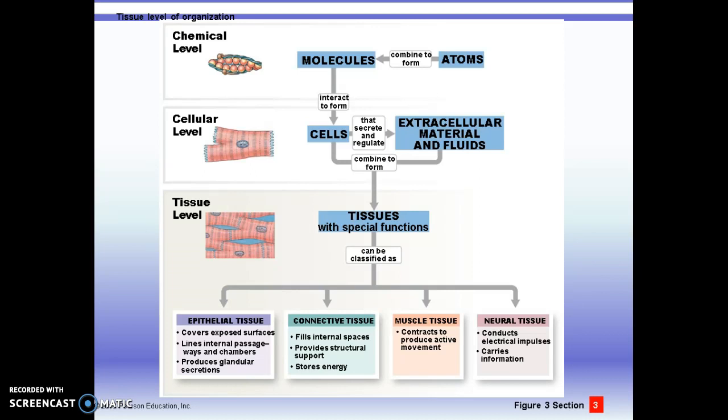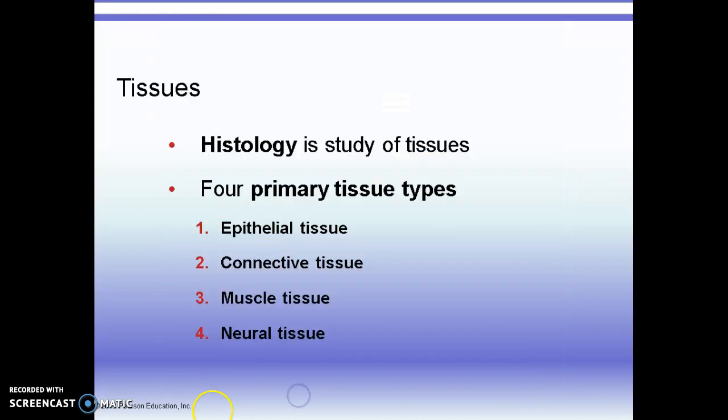Connective tissues fill internal spaces, provide structural support, and store energy. Muscles contract to produce movement, and neural tissue conducts electrical impulses of information. Histology is the study of tissues, and again, there are 4 primary tissue types: epithelial, connective, muscle, and neural.